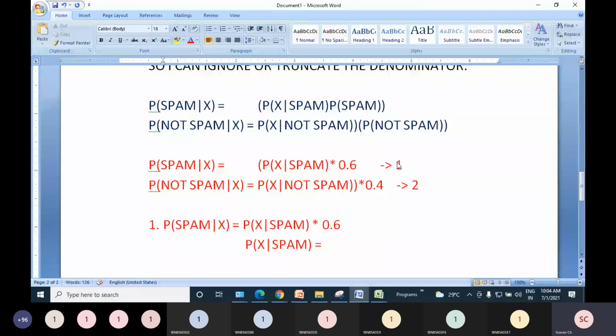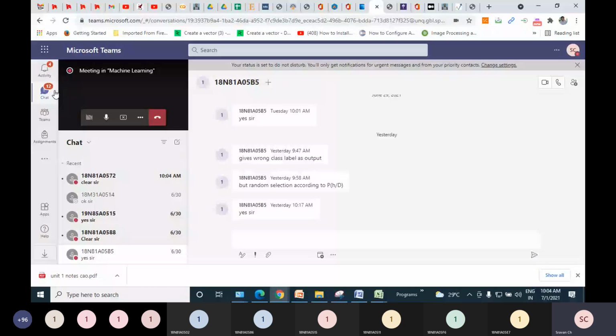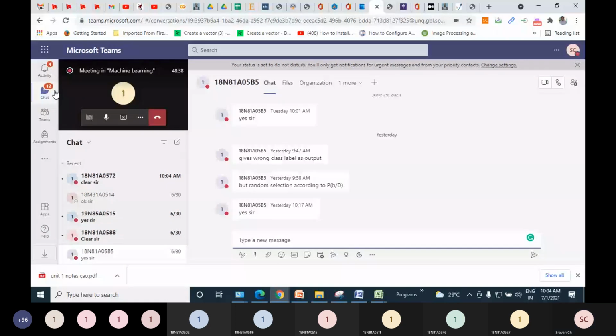Till this point, is it clear? We will see how to calculate P of X given spam, that I'll tell you. But why I have substituted 0.6, why 0.4, how I got this formula, till this point, is it clear? First of all, please let me know. I'm spending a lot of time so that you follow this example. We can expect this in our external exam, my dear friends. Is it clear to everyone?